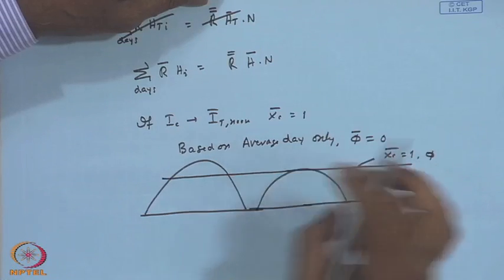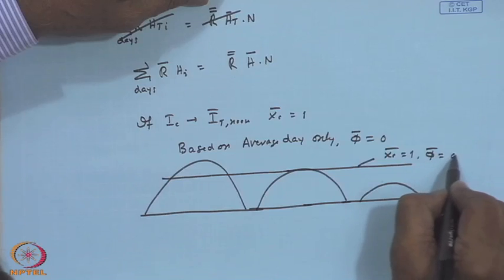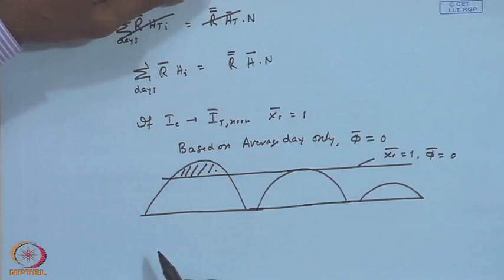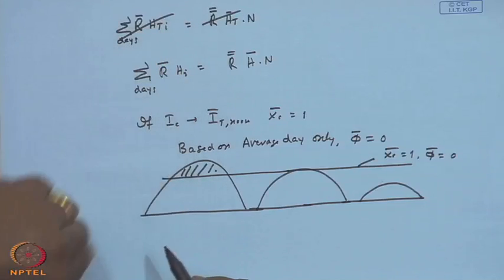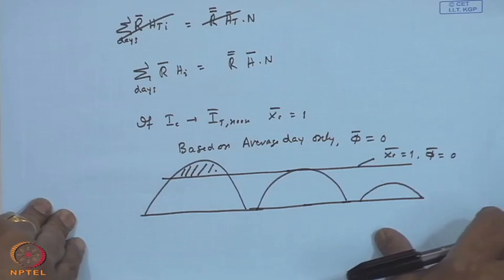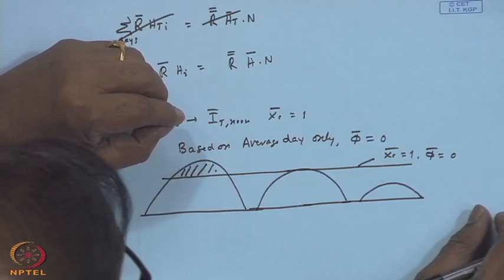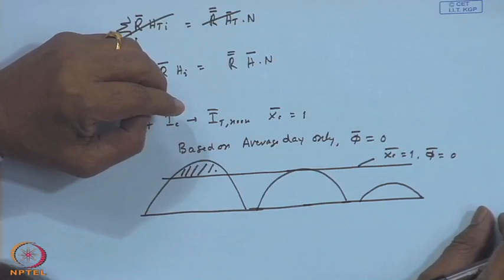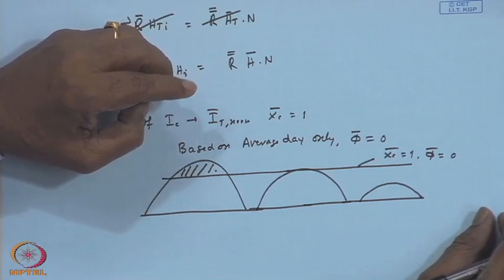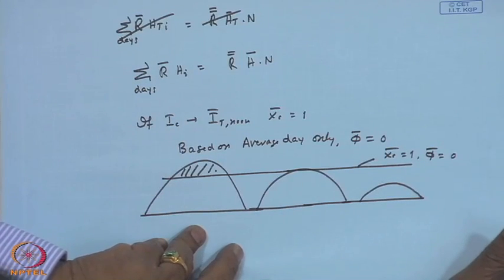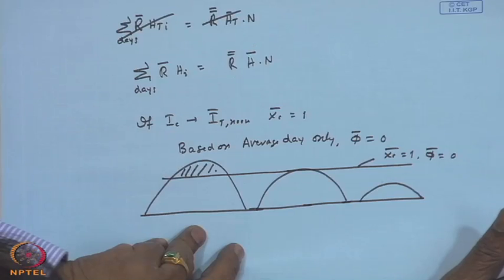If I calculate only based upon this, then phi bar equals 0, which is not true, because I have got a positive energy contribution on the day with a higher k T. So, all the days do not contribute to useful energy whenever the highest available solar radiation is less than the critical level.